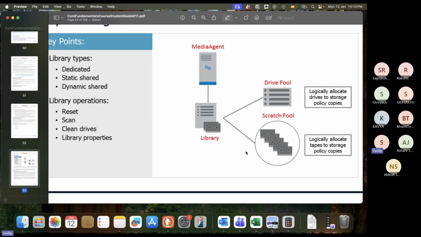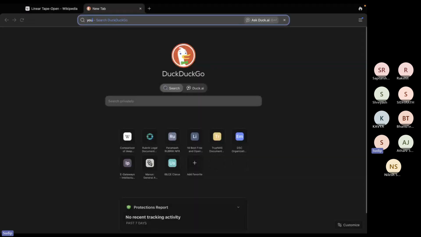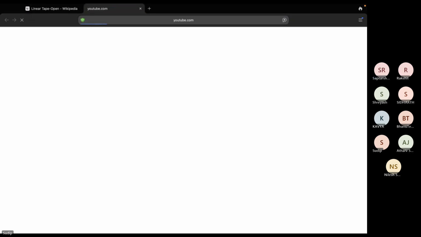They will only be used for certain backend operations. So encryption will not be applicable to the tape media in the scratch pool. It will be applicable only to the tape media inside the actual data drive. Let me actually show you so that you can visualize.